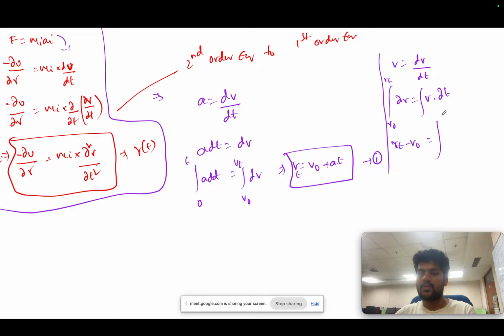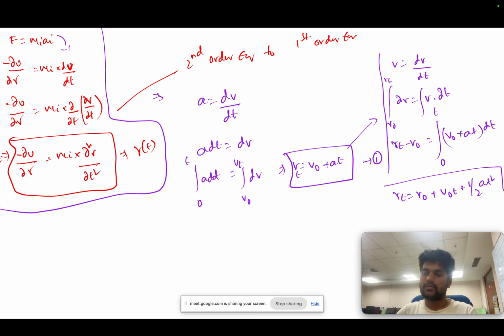V is nothing but, we will apply this one: v naught plus at of dt from 0 to t. So now rt equals r naught plus v naught t plus half of at square. So any doubts in this equation?